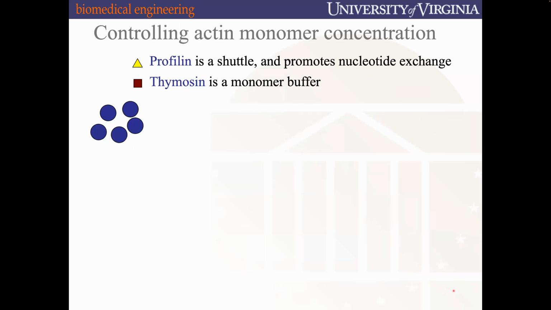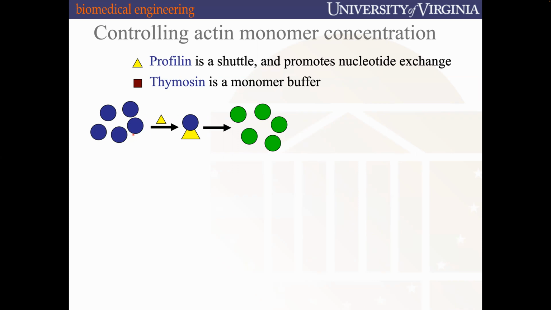So if we look here, these can be considered ADP-bound monomers of actin, and profilin is a protein that binds these ADP-bound monomers and facilitates this nucleotide exchange. So it removes that ADP and enables the binding of a new ATP molecule to these actin monomers that allows them to add to the growing chain.